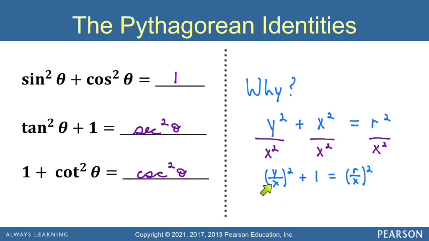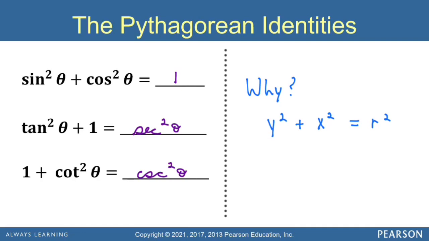Now we know that y over x is tangent, so y over x squared is tangent squared theta. Then we have our plus 1, and then on the right side, r over x represents secant. So r over x squared is secant squared theta. And there's our second Pythagorean identity.